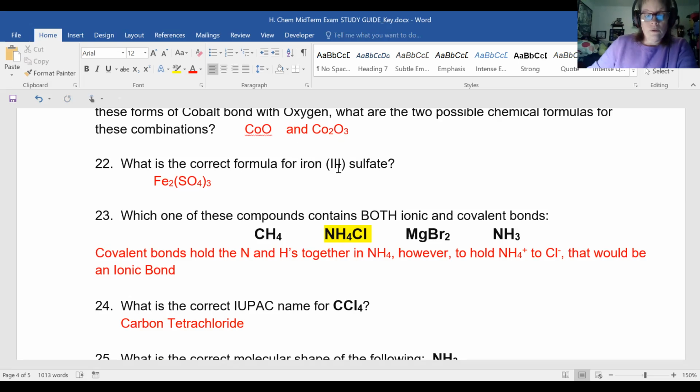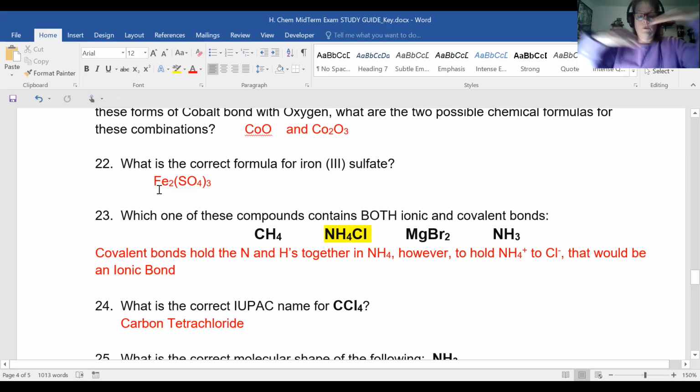Again, we do the crisscross: the iron's 3+ charge becomes the subscript 3 for sulfate, and the sulfate's -2 charge becomes the subscript 2 for iron. Crisscross. Hopefully you guys remember that.